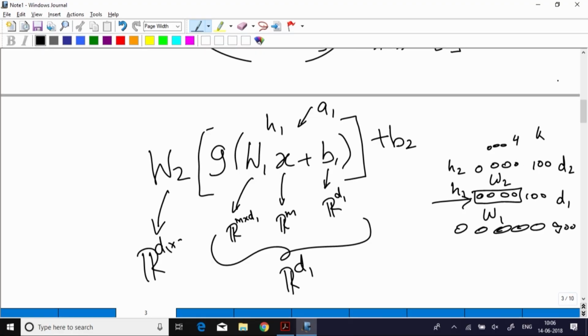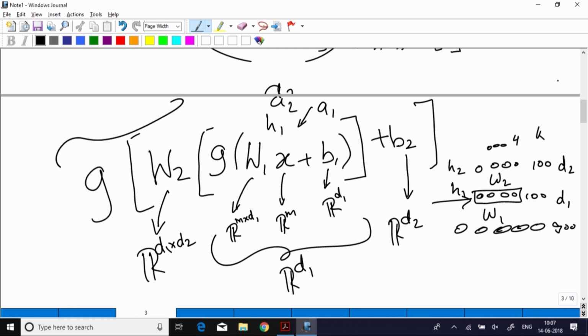D1 cross D2. What's the dimension of B2? What is this entire guy? A2. And now to make it H2, what do I have to do? G of this. So this entire guy now is H2.